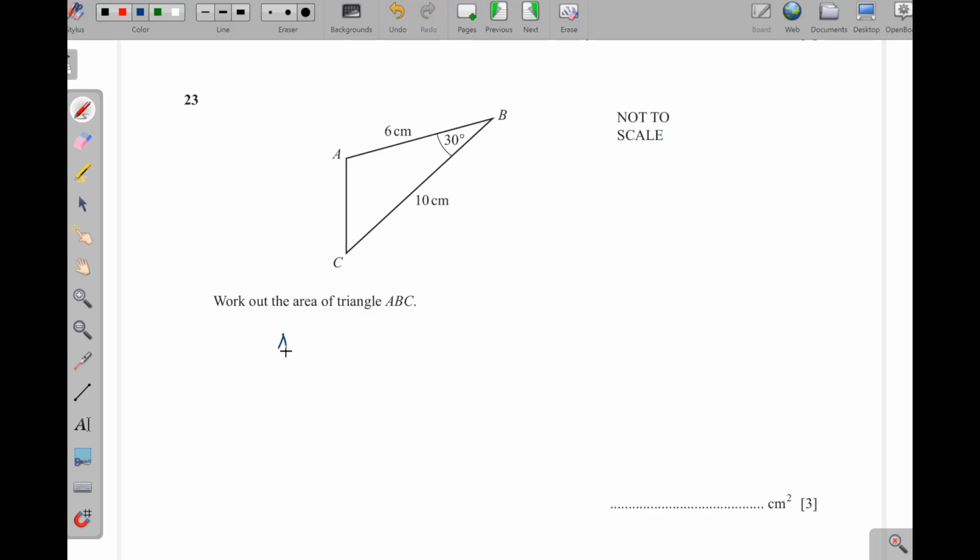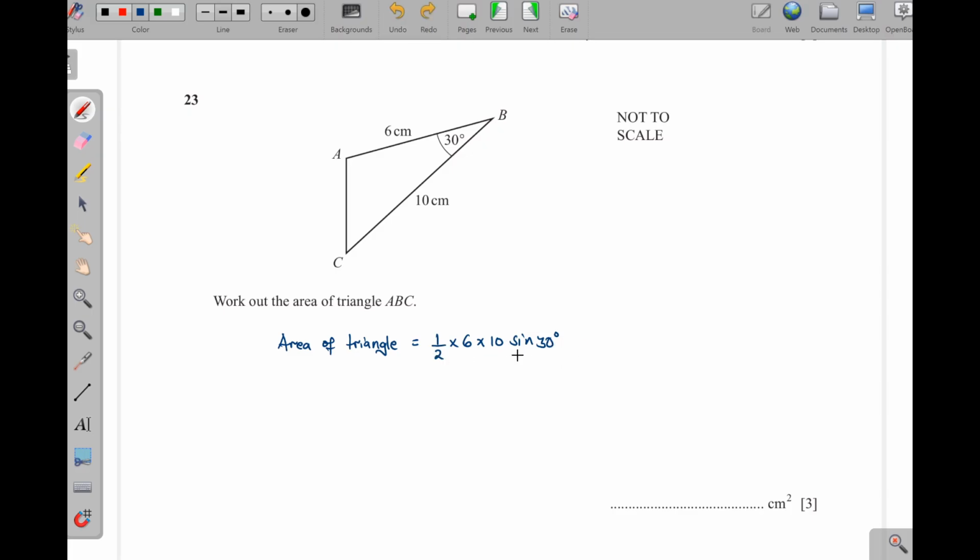So the area of the triangle is equal to 1/2 times 6 times 10, and then sine of 30. Again, when you check in the description, you will see how we get sine of 30. It is actually question number 21 in that specimen paper, I think, yes.